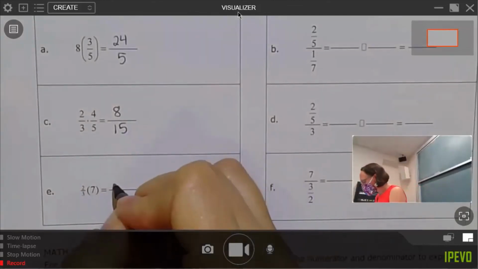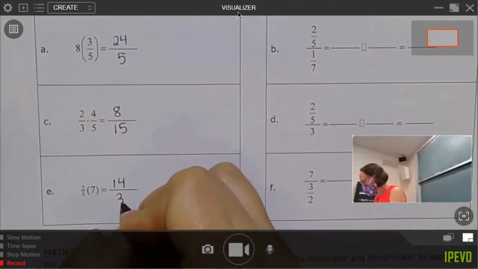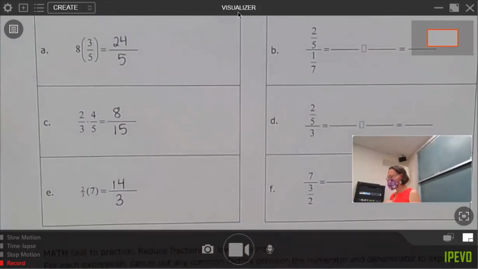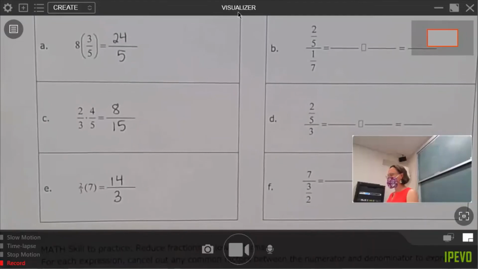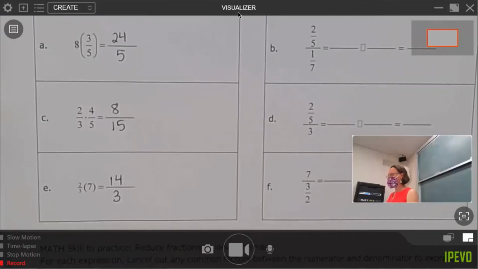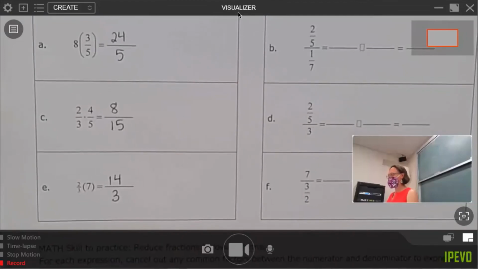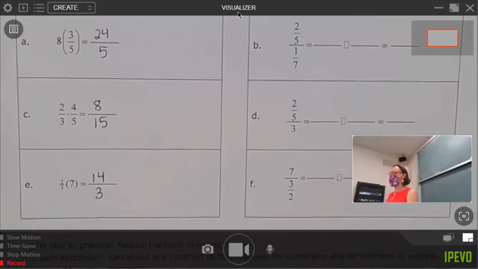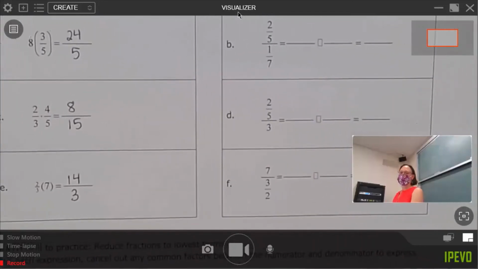So I'll go straight across the top and get 14/3. I also just realized that I did these totally out of order. I went down instead of across. My apologies. We'll survive.